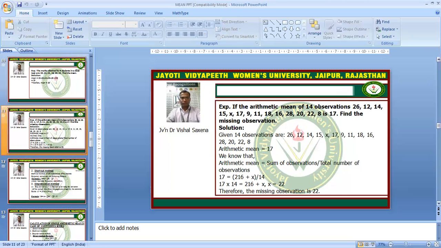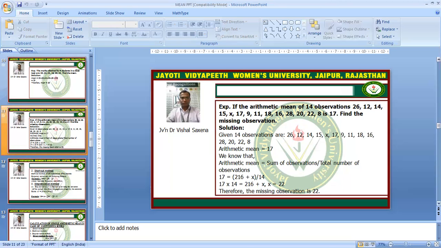Now next we are going to take one more example to understand this. In this question we are already given the mean value and one missing value in this example, so we have to calculate the missing value.